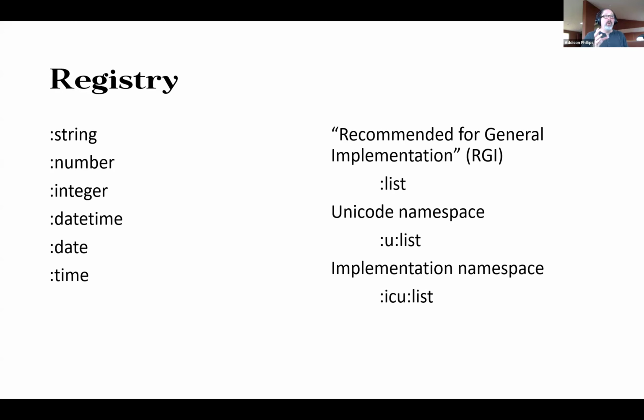This is also deliberately narrow in scope so that many different programming languages can implement this without having to import large blocks of data. So, for example, we don't have a person name formatter here because the data for that is probably a little large for a small language implementation of message format 2. So we don't require it, but there will be a pattern for it in RGI for people to use.